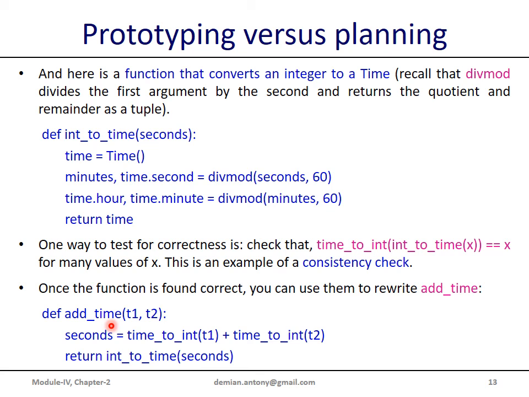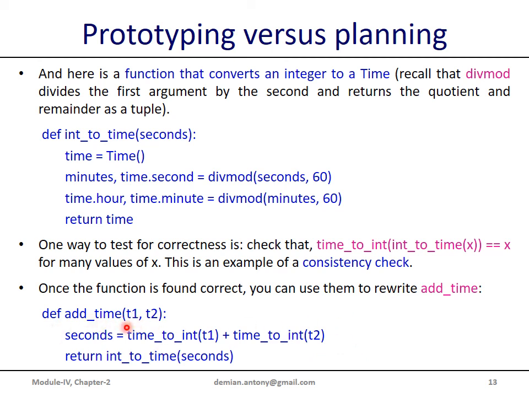Instead of doing the modulo 60 for two columns of seconds and minutes, we have converted the time objects into seconds, and then we wrote two functions, one to convert time to integer and then a reverse operation, integer to time. With these two operations we can add the two time objects.